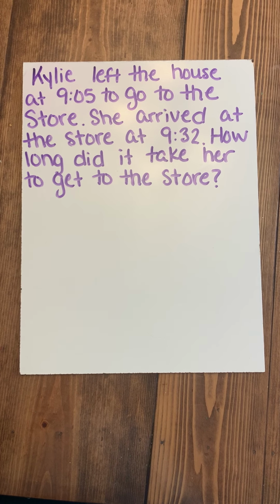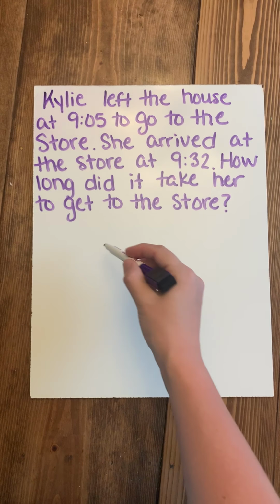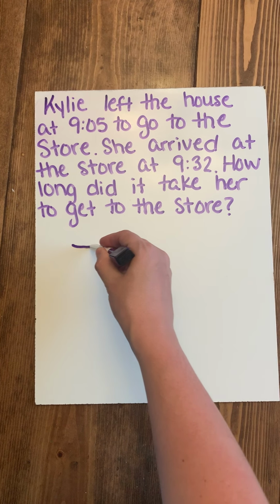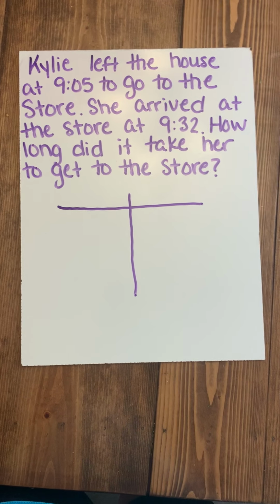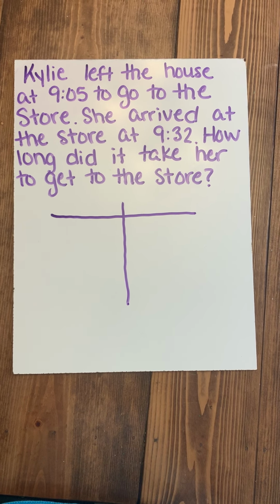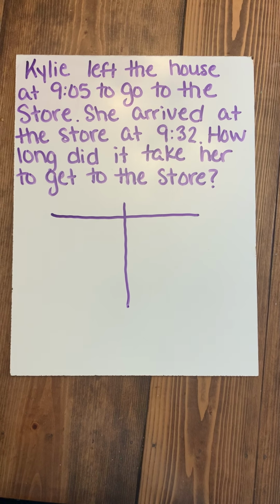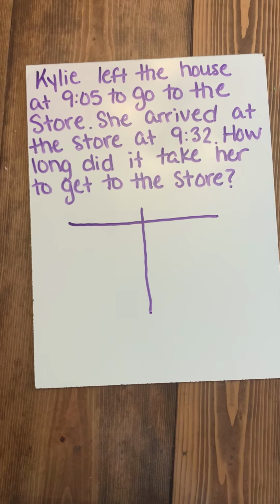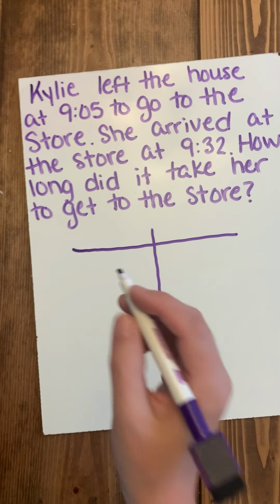So how I like to teach elapsed time is I like to always do an anchor, not an anchor chart, a T-chart. So I'm going to draw my T-chart, and I'm working with just a little bit of space here. Normally it wouldn't be this crowded, but I tried to fit everything on one board to make it a little bit easier. I'm going to write my start time at the very top.